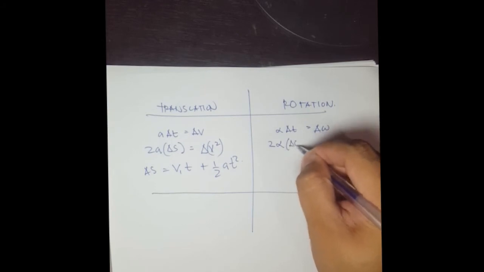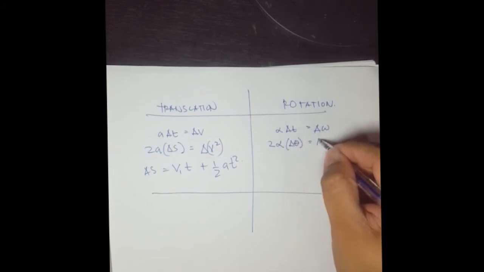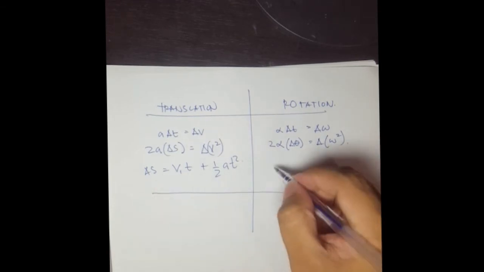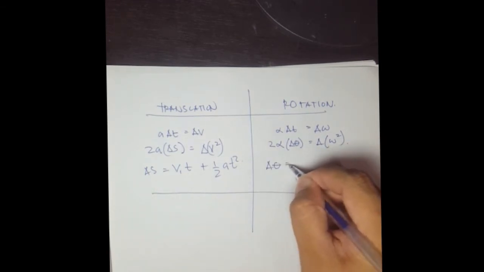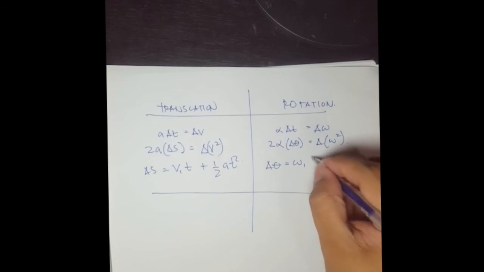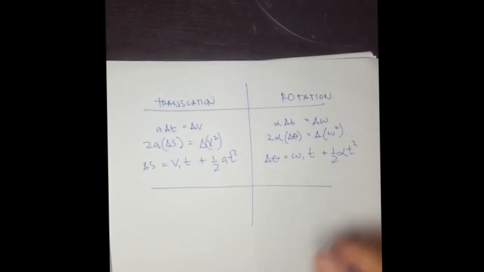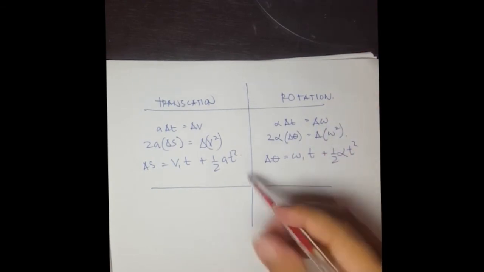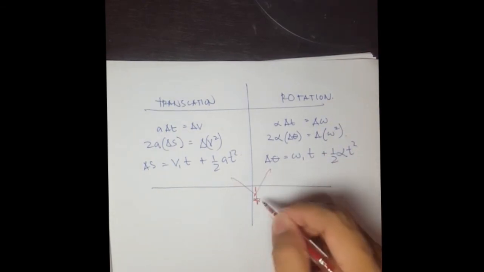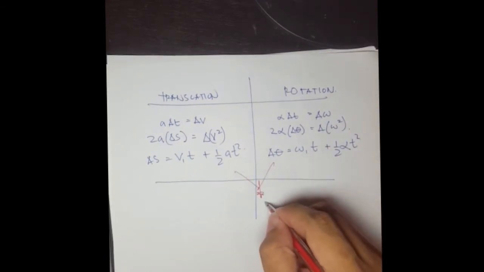So that's delta theta is equal to delta omega squared, right? And then this one, so delta theta is equal to omega at 0.1 t plus 1/2 alpha t squared. Right, so take note that these equations are for constant accelerations.